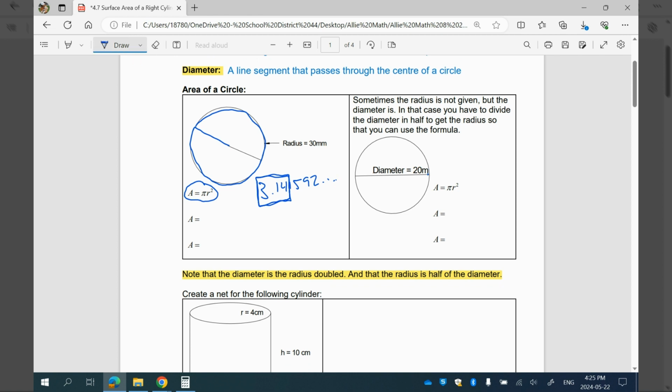So let's do our first example of inputting a value into our formula and solving for area. We're trying to find currently the area of this circle. We know the radius and we know what pi is, so we'll be able to find it out. So area equals pi times radius, right here, 30 squared. So area equals, I'll need my calculator.